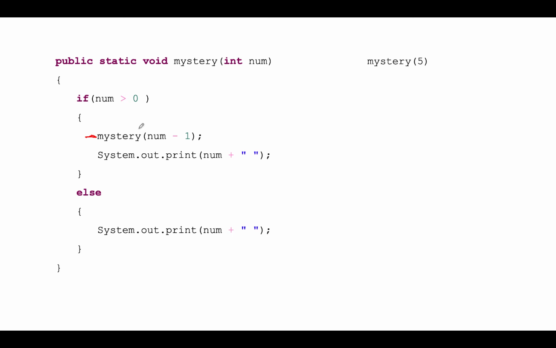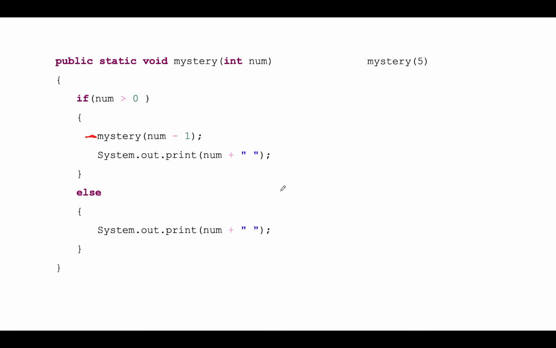Then when it comes to the if block again, it's going to call mystery 4 minus 1, which is mystery 3, and that 3 gets assigned to num. Then it's mystery 3 minus 1, which is mystery 2. By the time num becomes 0, we fall under the else statement and execute this line. As you can see, there is no recursive call, so we end it right here.